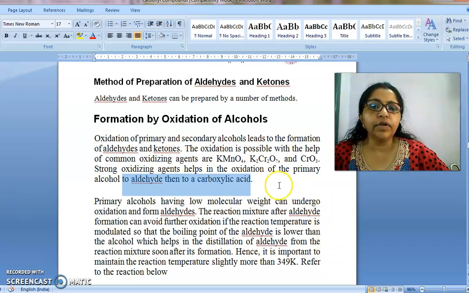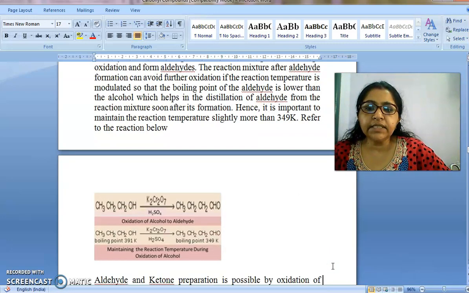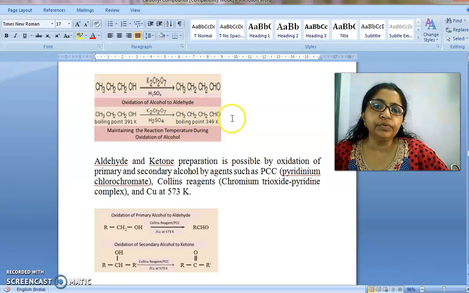If you do use them, you have to keep the temperature very much fixed, only a little bit more than 349 Kelvin. It is very difficult to maintain that temperature, so it will automatically move to the next oxidation state, and you will end up with the carboxylic acid group rather than aldehydes.